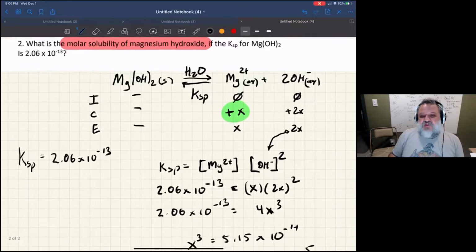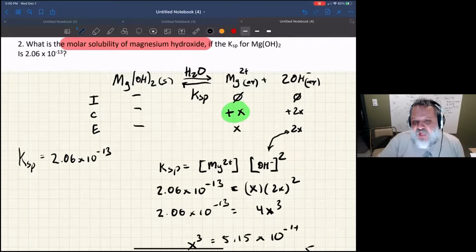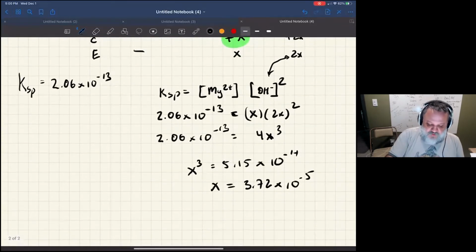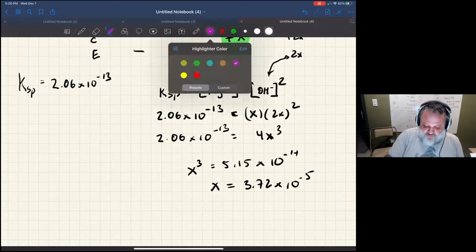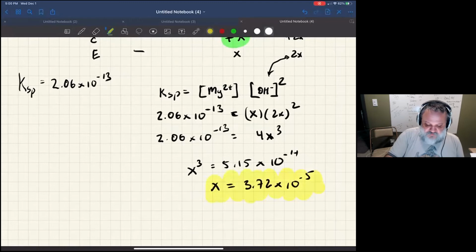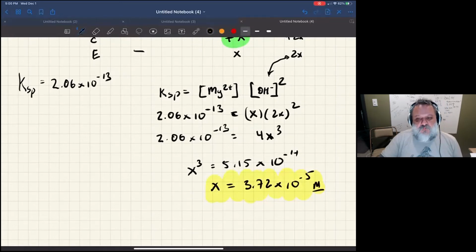It's a solid, and that's why we need to remember that the magnesium hydroxide is reduced by a particular amount, and that amount is x, but that amount x isn't included in the solubility product because magnesium hydroxide is a solid. So when we think about the molar solubility, we want to remember that whatever we're doing with the ICE table, the molar solubility is x. And so it turns out that we've already sorted out what the molar solubility is. It's 3.72 times 10 to the negative 5th molar.